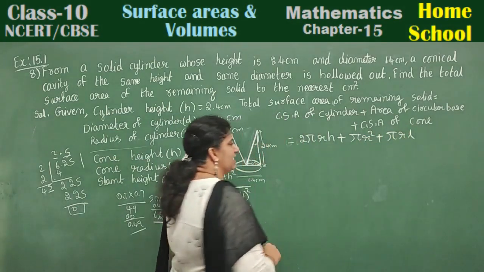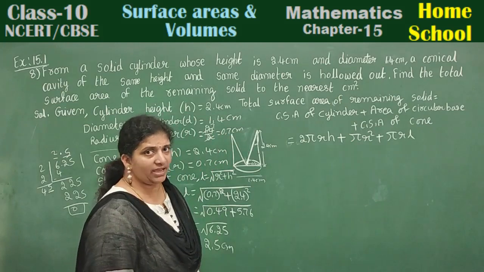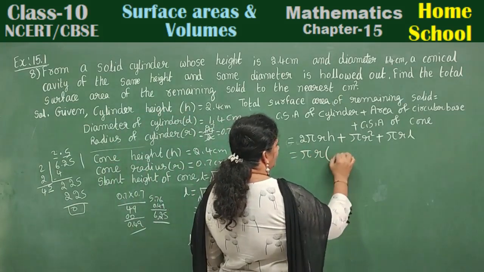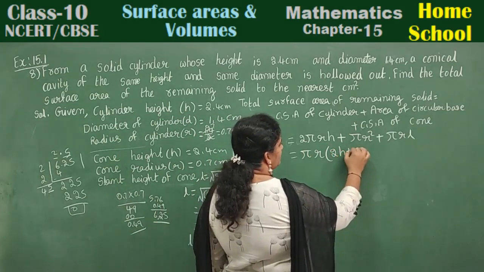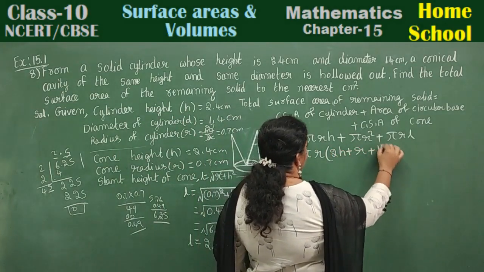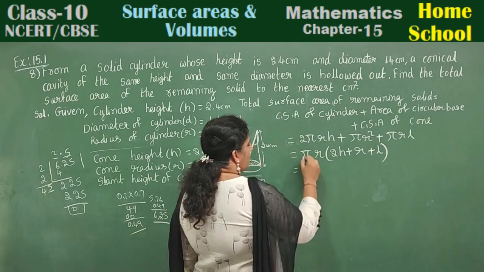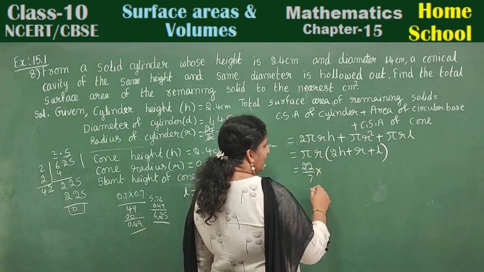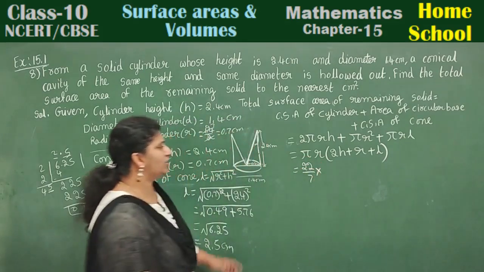Now in these three, is there anything common? Pi r is common. Remove that. Taking pi r common, we get 2h plus r plus L. Pi value is 22 by 7. What is your R value?